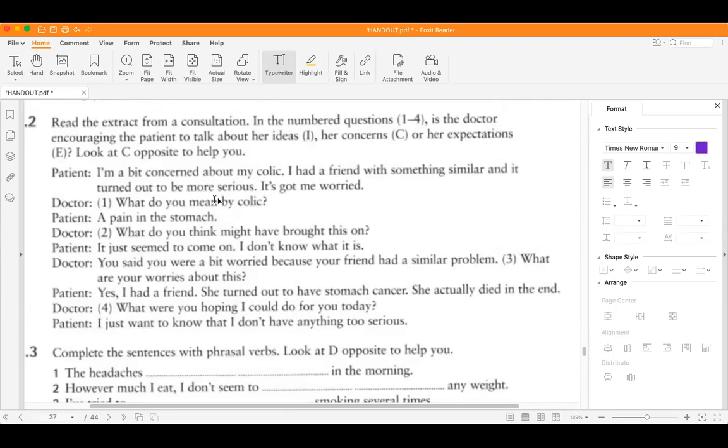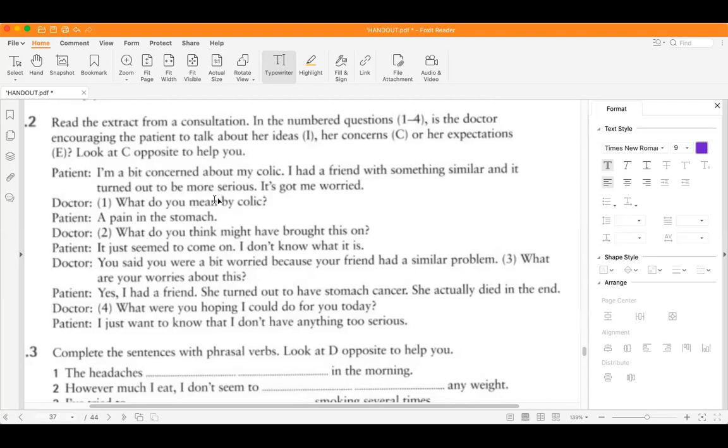It's got me worried. What do you mean by colic? So, here the doctor asks about her ideas. A pain in the stomach. What do you think might have brought this on? This is also asking about her ideas. It just seemed to come on. I don't know what it is.